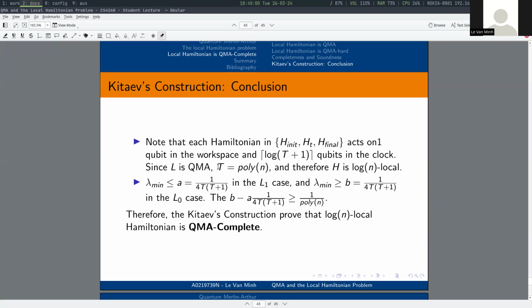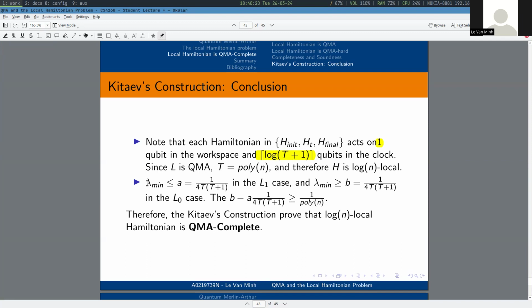Using the construction, we can easily see that each of the Hamiltonians in H initial, HT, and H final act on one qubit in the workspace, and log t plus 1 qubits in the clock register. Since L is in QMA, t is a polynomial size of n, and therefore H is log n local. That is 1 plus this term, so it is log of n.